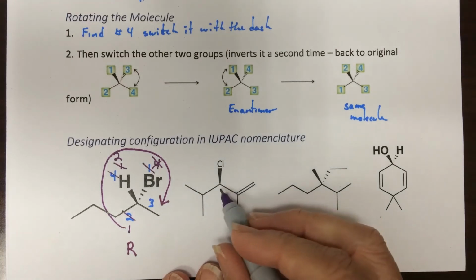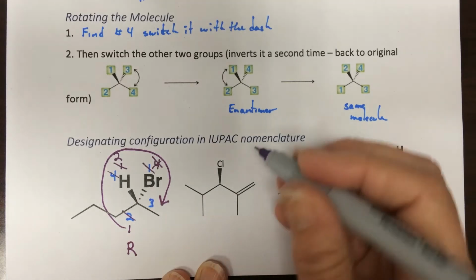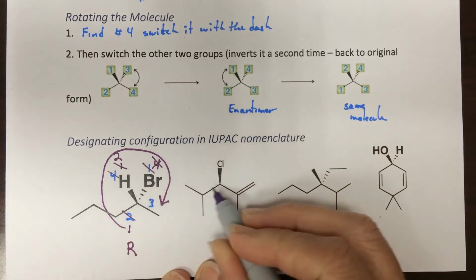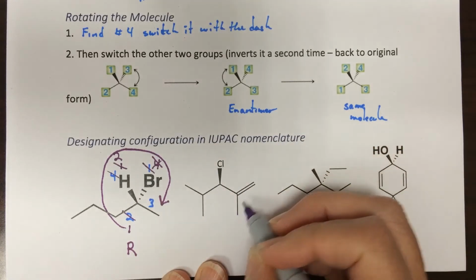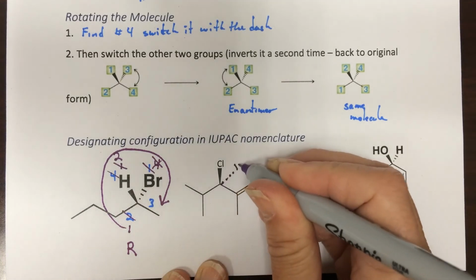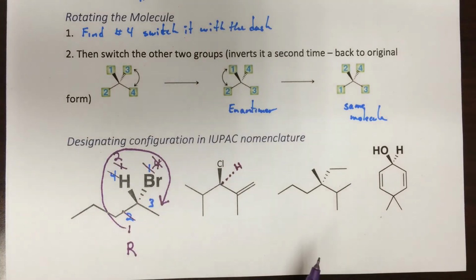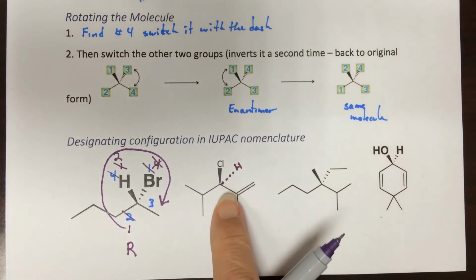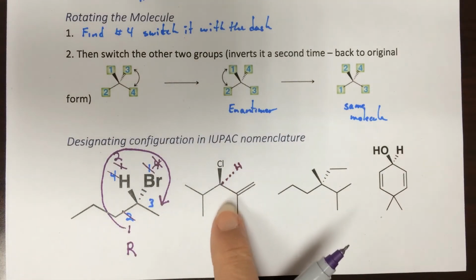Let's look at this one. It's important first to find the chiral carbon. There is a hydrogen that we don't draw usually, and it's going to be on a dash. So that part's already done for us.